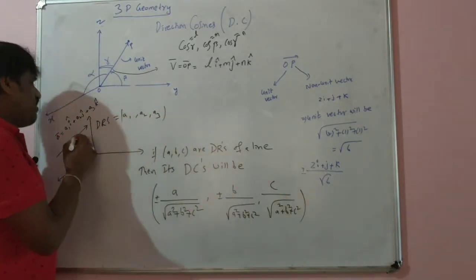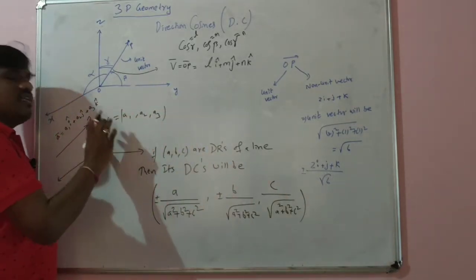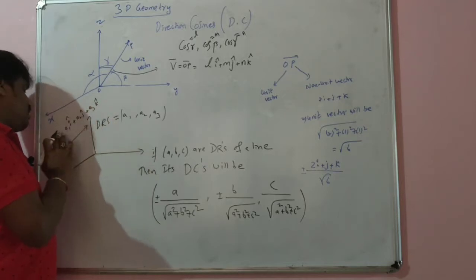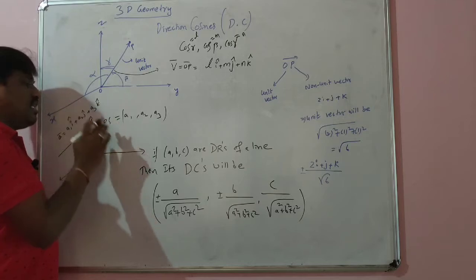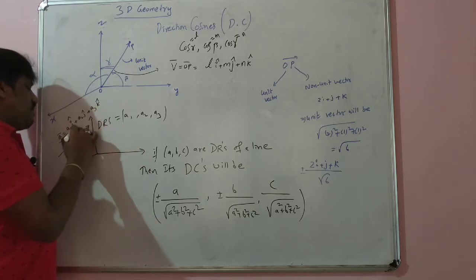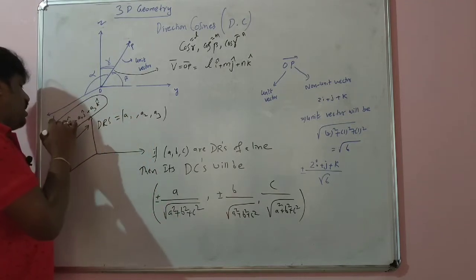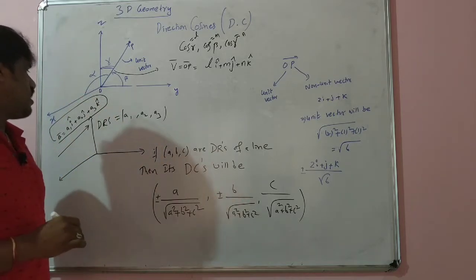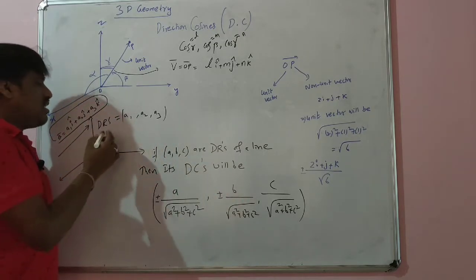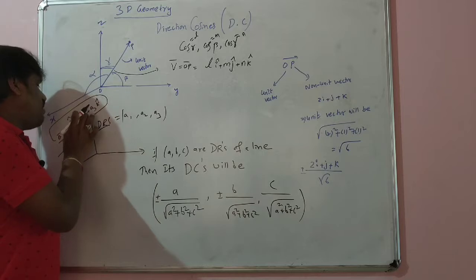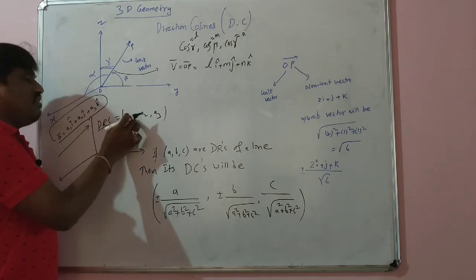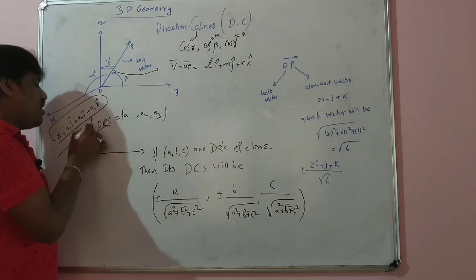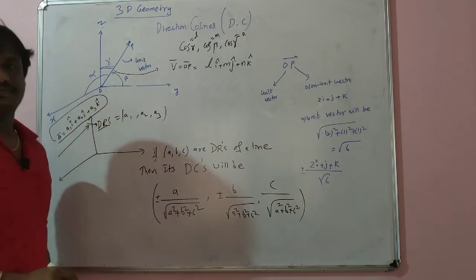Any vector which is parallel to the given line, suppose A vector is equal to A1i plus A2j plus A3k, then its components A1, A2, A3 are called the direction ratios of this vector.